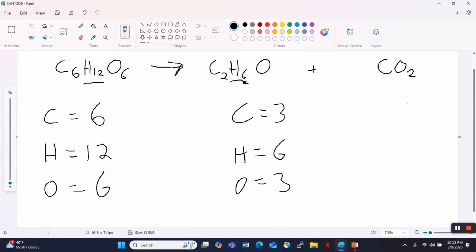So if we're going to try and balance for hydrogen atoms first, we could start by multiplying our ethylene alcohol by a coefficient of 2, which would change the number of carbon atoms on our product side to 5.